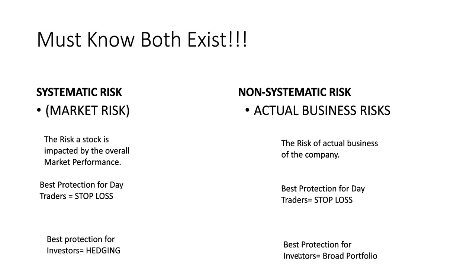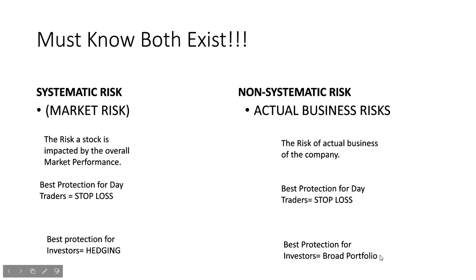The best protection for investors for the actual business risk is what? A broad portfolio. This is the oldest trick in the book, from the 1800s, Warren Buffett. The old school word for it is diversification. I just like to call it having a broad portfolio. So that's the best protection for you long-term investors.